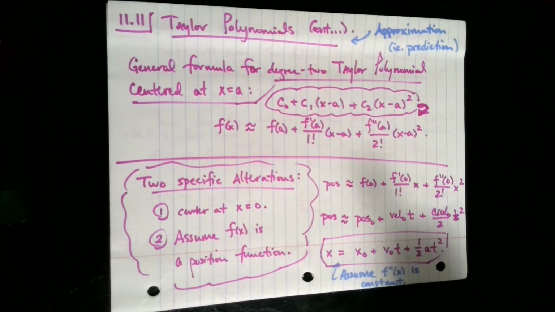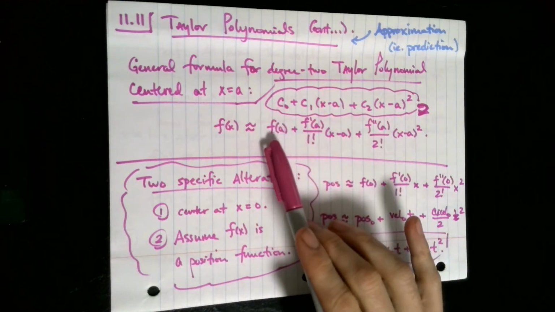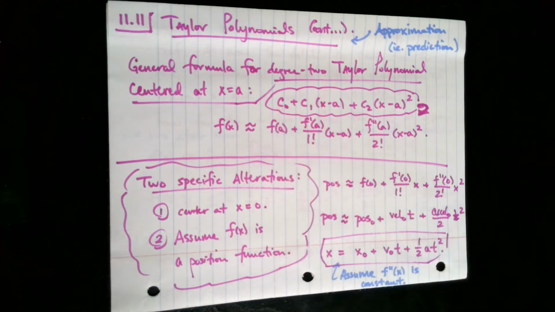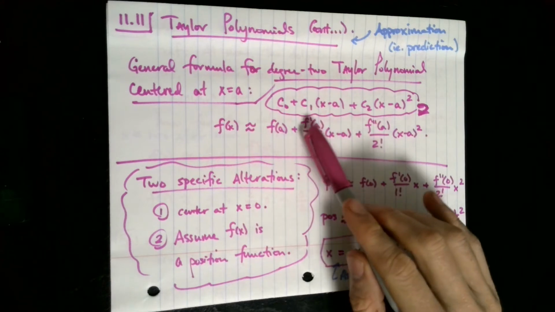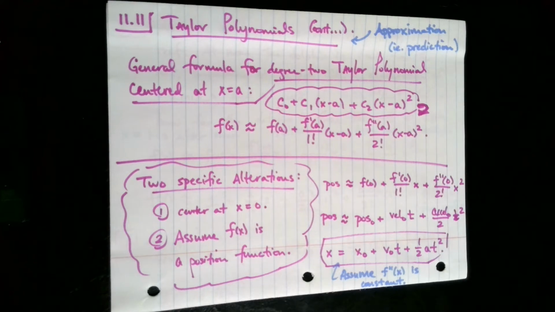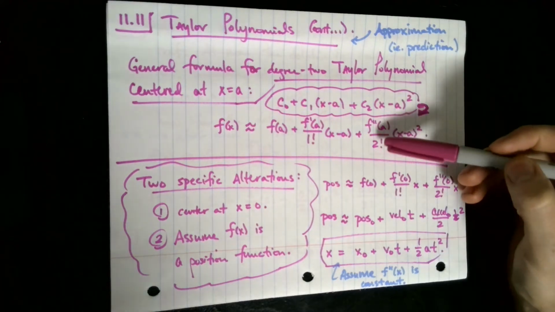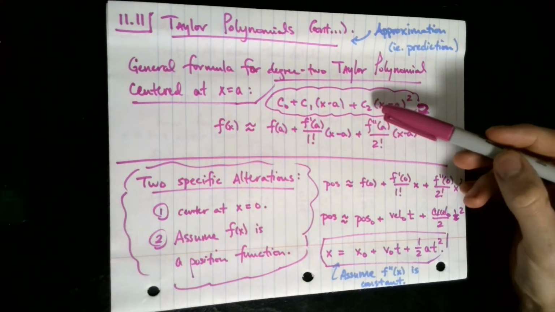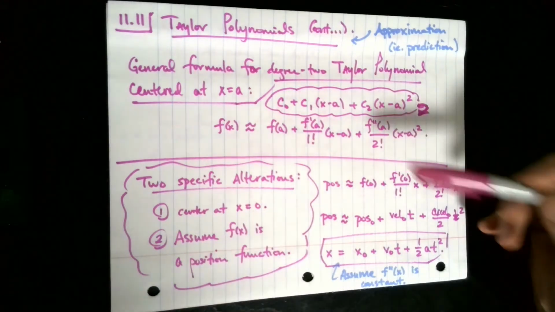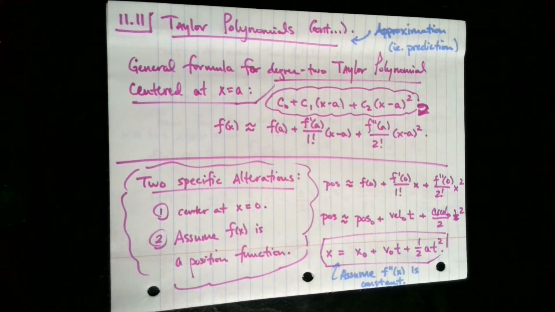The degree 0 constant is just f, the 0th derivative evaluated at a, technically divided by 0 factorial, but 0 factorial is 1. This one is the first derivative evaluated at a divided by 1 factorial, then the second derivative evaluated at a divided by 2 factorial, right? Because in general, the nth coefficient of your Taylor polynomial is the nth derivative evaluated at a divided by n factorial. That's Taylor's theorem.